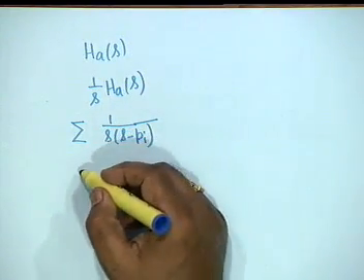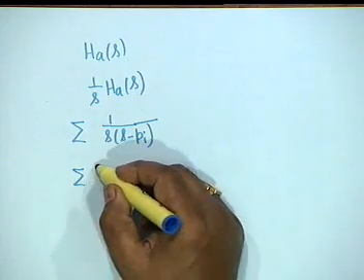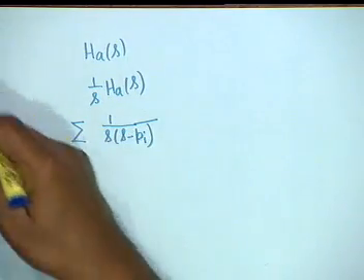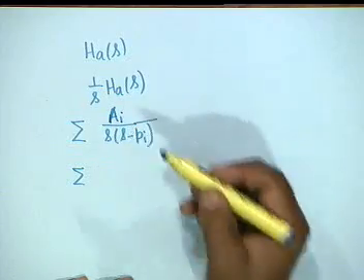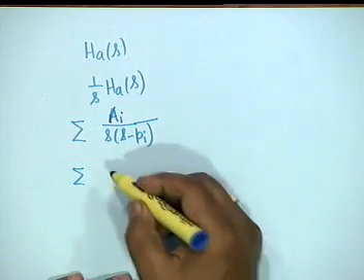Okay. So, if you take the partial fraction, I should have added a residue A sub i divided by S minus pi.